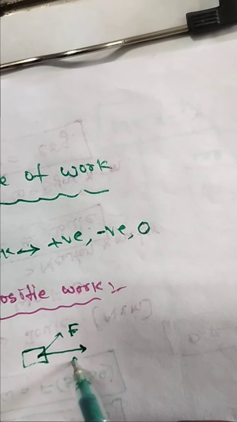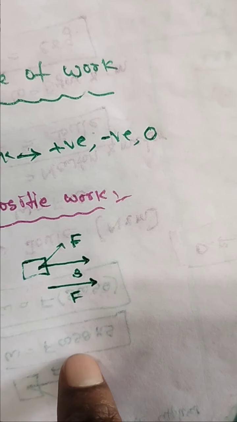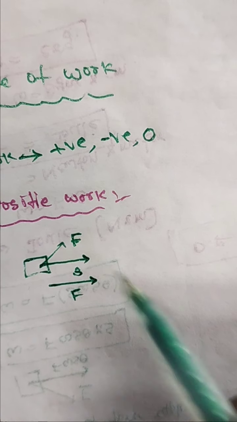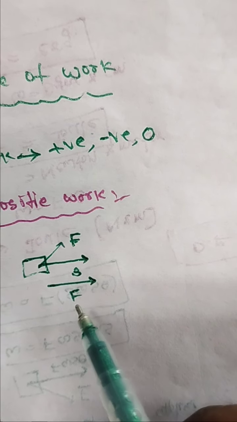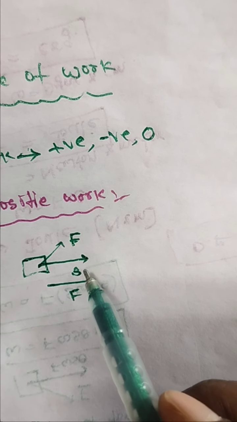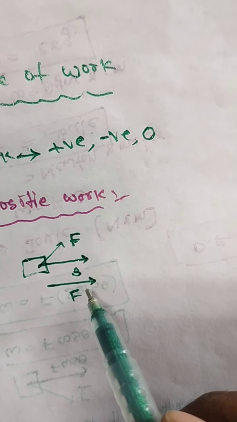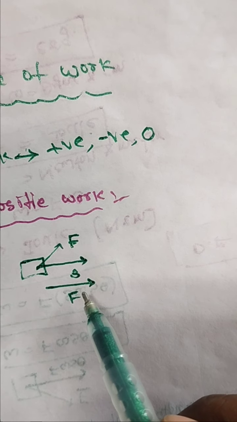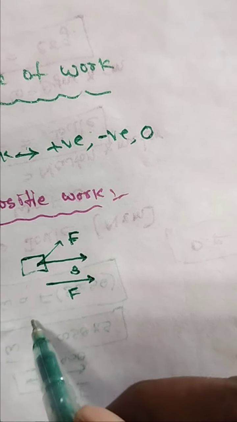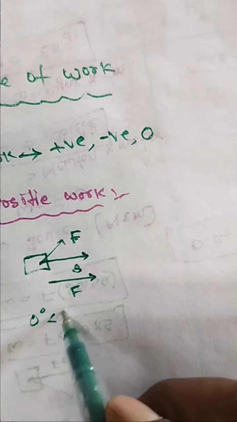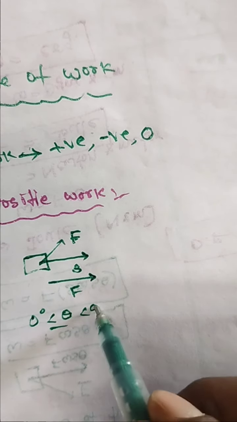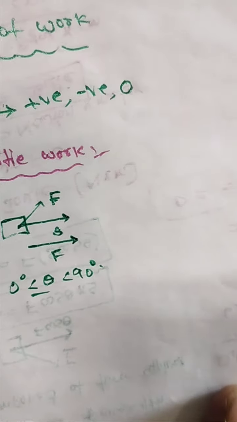When the force is applied on this object, the displacement S and the force are in the same direction, so the work done is positive. The component of force and displacement are both moving in the same direction, so it gives positive work. Here theta is 0 degrees, or theta is less than 90 degrees.